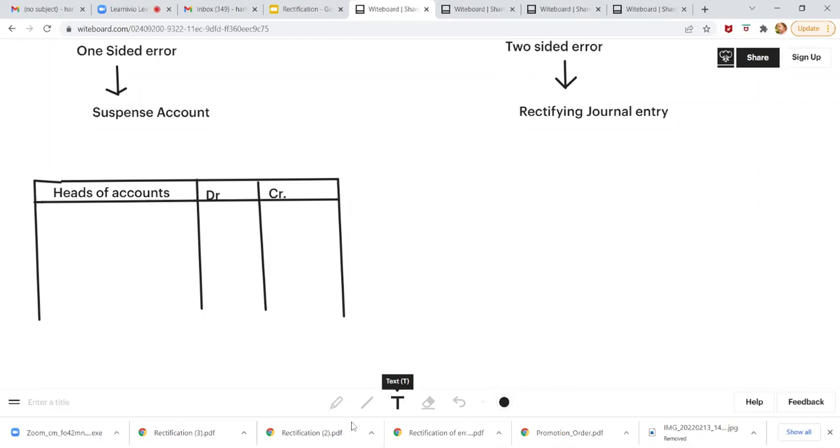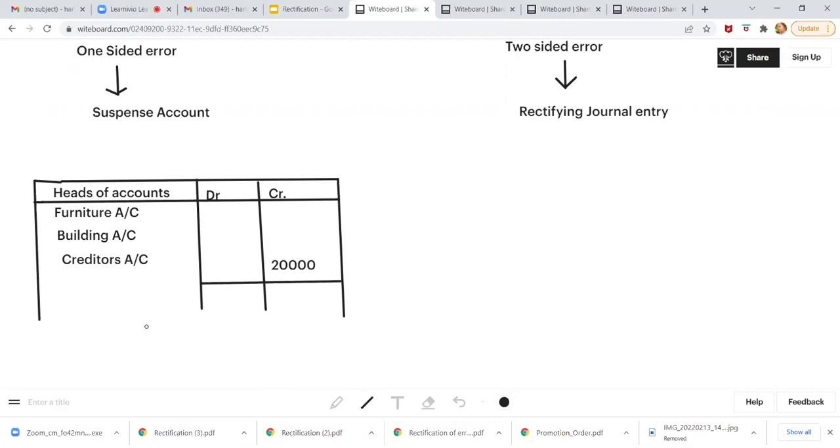So let's say we have different assets like furniture account, building account, creditors account, and so on, right? So let's say the total of credit side is 20,000.